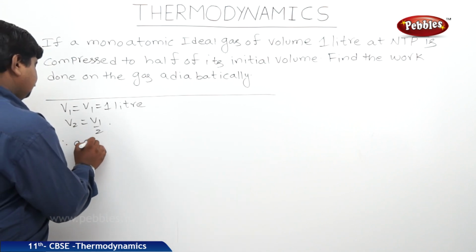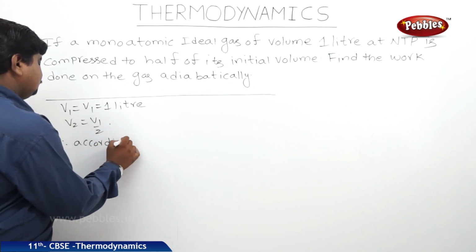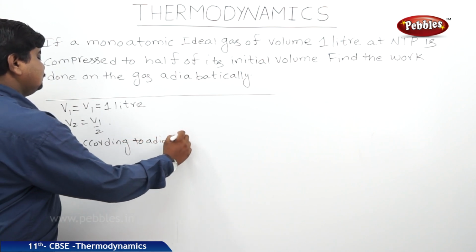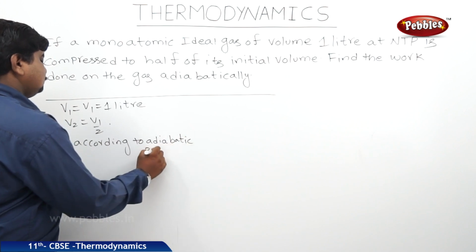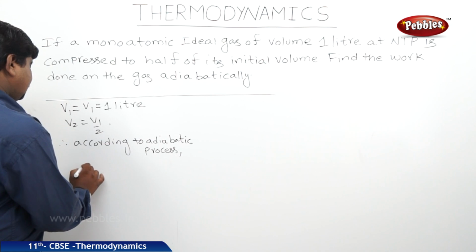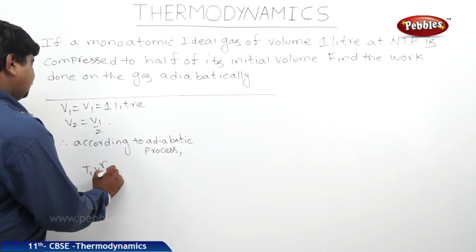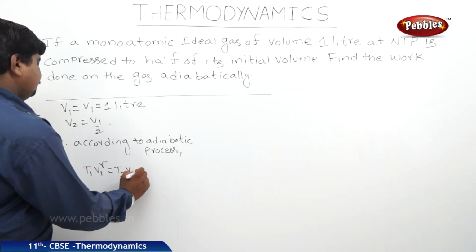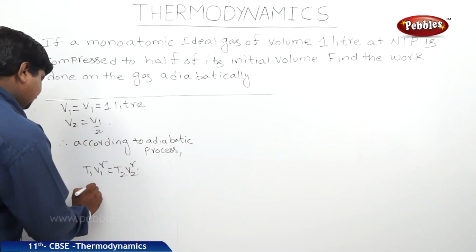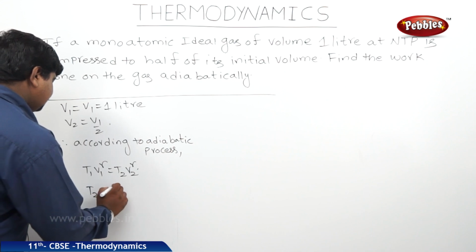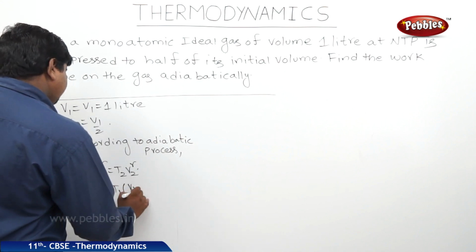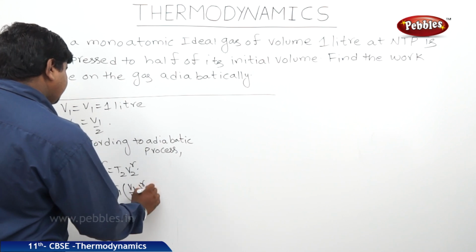So according to adiabatic process, we can write T1 V1 power gamma is equal to T2 V2 power gamma. From this we can write T2 is equal to T1 into V1 by V2 whole power gamma.